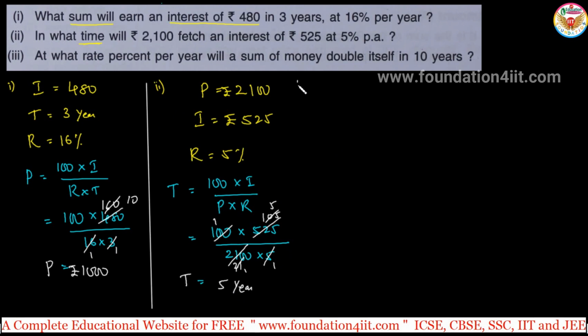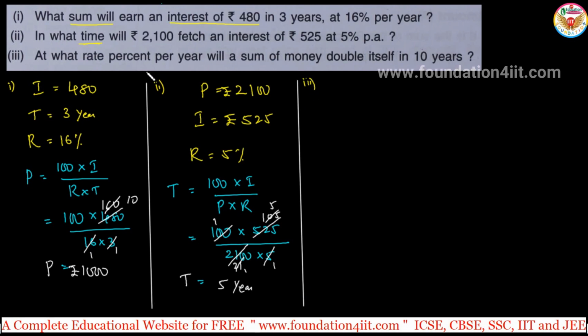And next one, same page, you see the third problem. At what rate percent per year will a sum of money double itself in 10 years? In this question, R value you have to find out. If you take double, the amount should come.